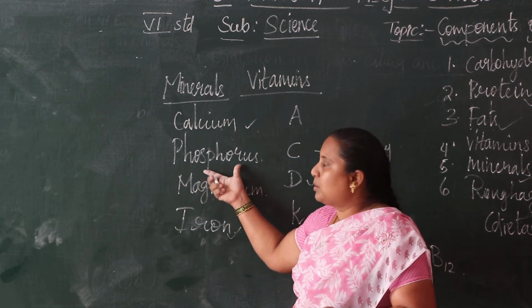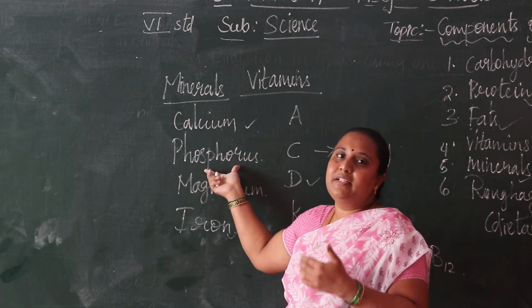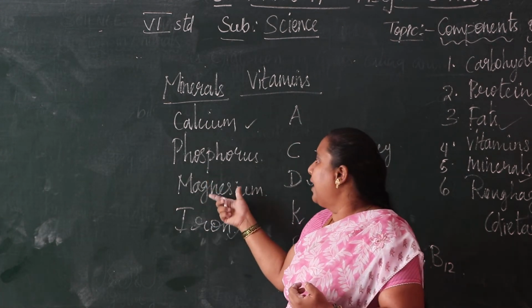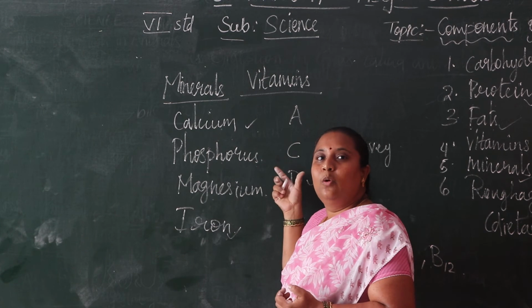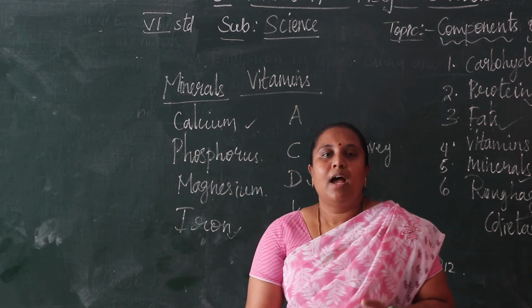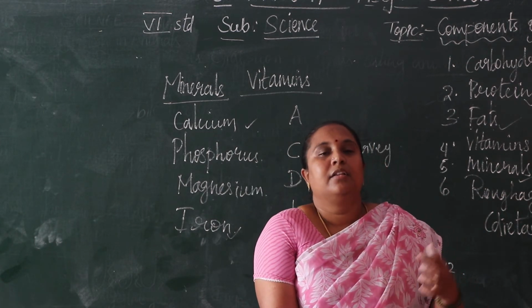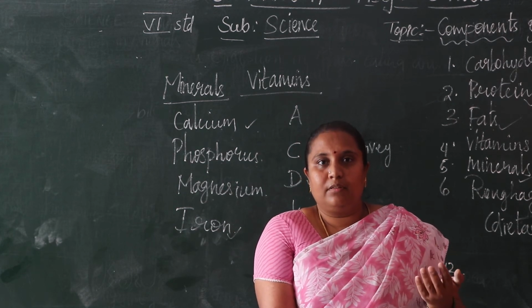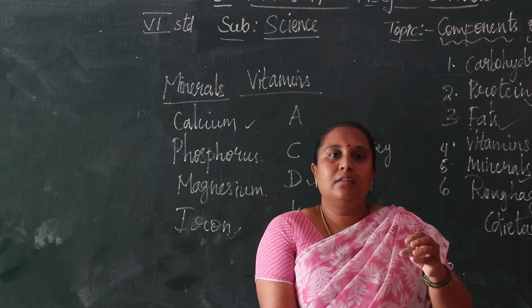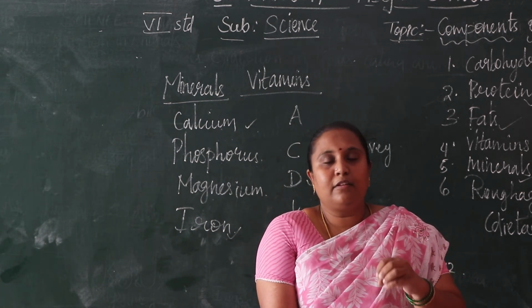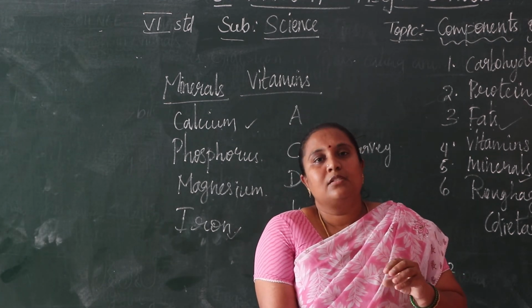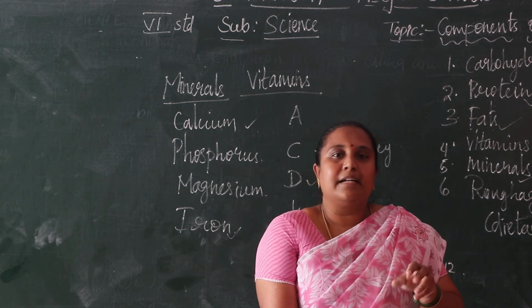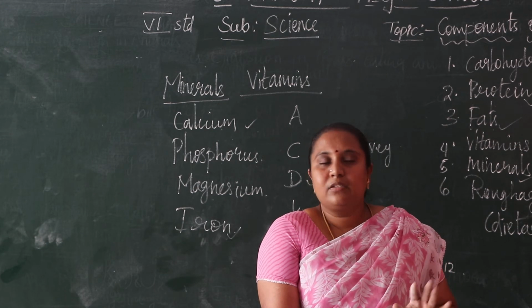Phosphorus also maintains the growth and strength of our body, and the minerals are all very important. Now, what is a balanced diet? It includes roughage and water also. If we eat more food but can't drink water, that is not a good balanced diet.